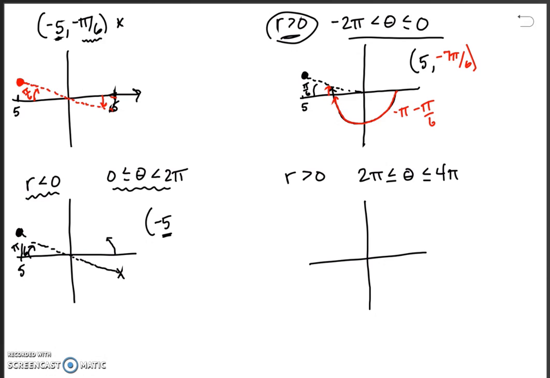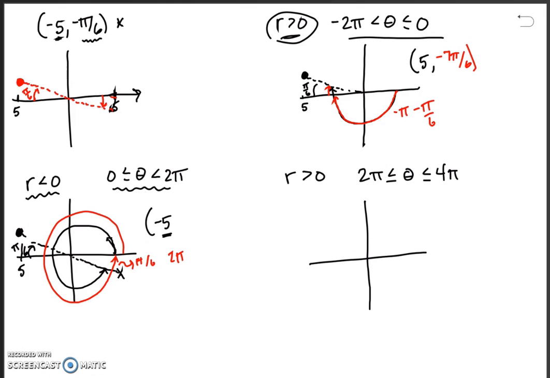So the rotation that I need to figure out is from the positive x-axis all the way over to this spot here, where remember this amount of rotation in here was pi over 6. If I swung all the way from the positive x-axis back to the positive x-axis, that would be a rotation of 2 pi.